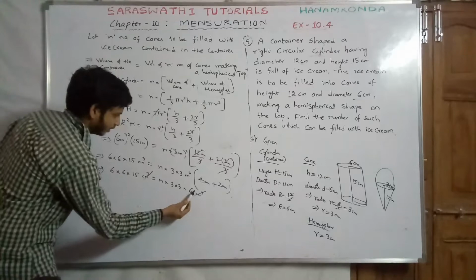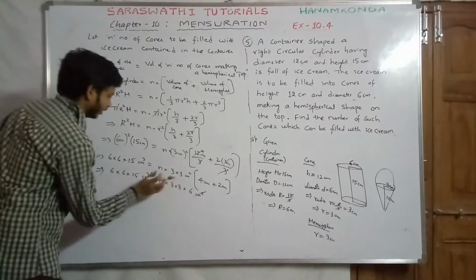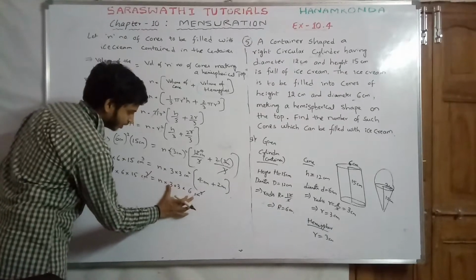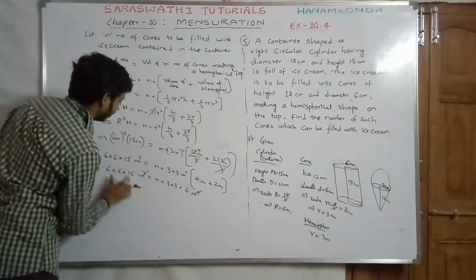Now the right side 3 into 6 term comes to the left side and gets divided with the left side term, because on the right side it is multiplied with n.